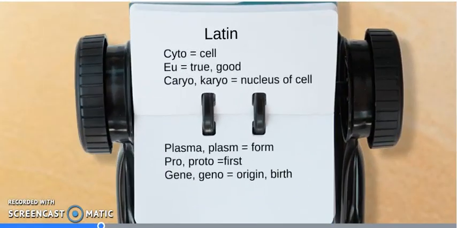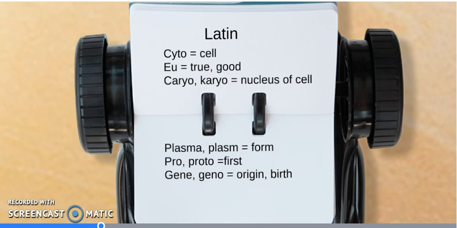A little bit of Latin today, because a lot of the scientific terms, as we've discussed before, derive from Latin bases. So when we hear cyto, it basically is a Latin form of cell. Eu is true or good.